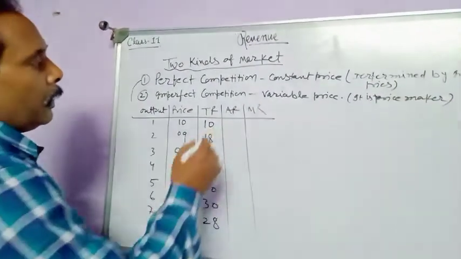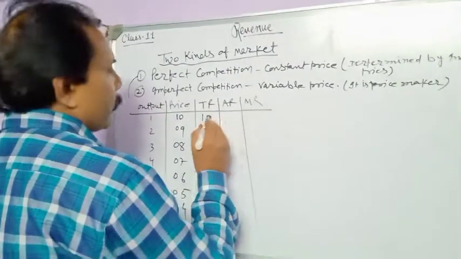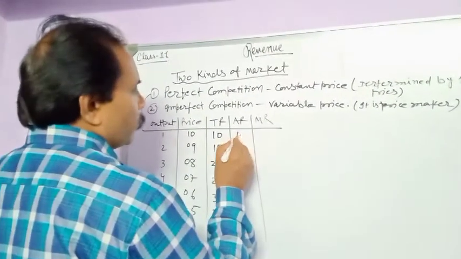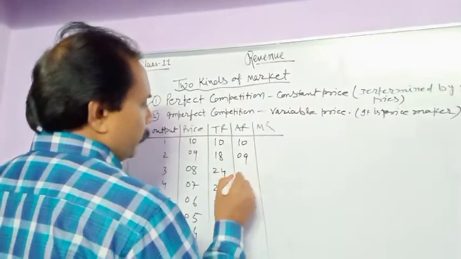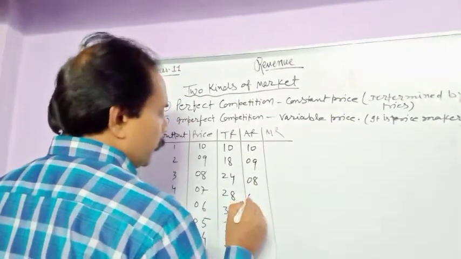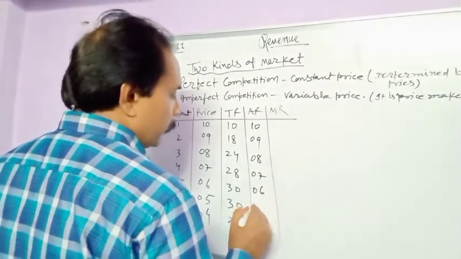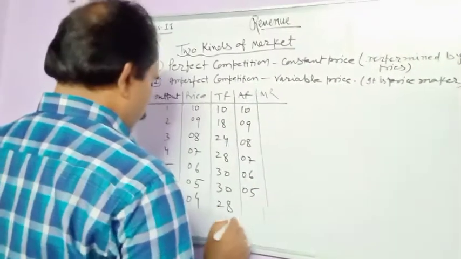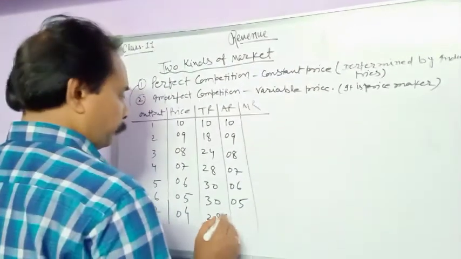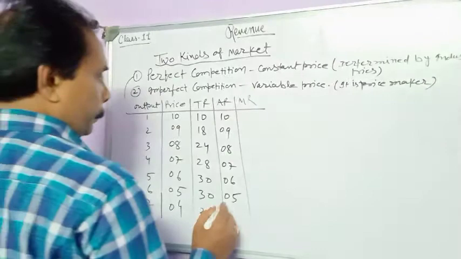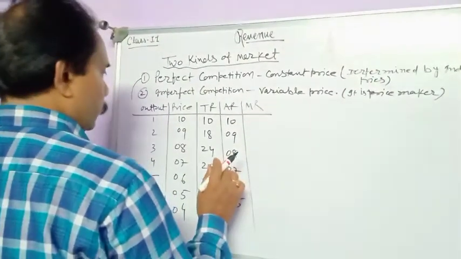Now what is the AR? AR is also known as the price. So 10, 9, 8, 7, 6, 5 and 4.